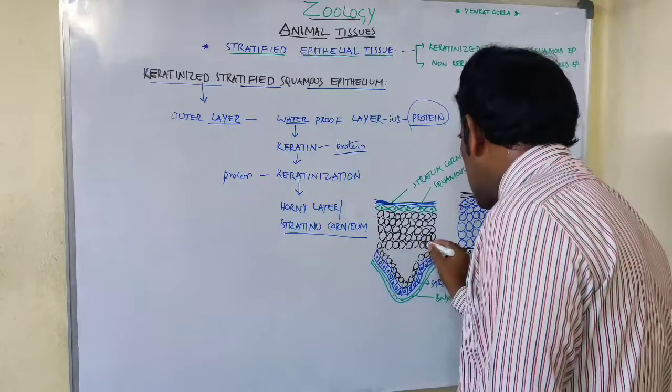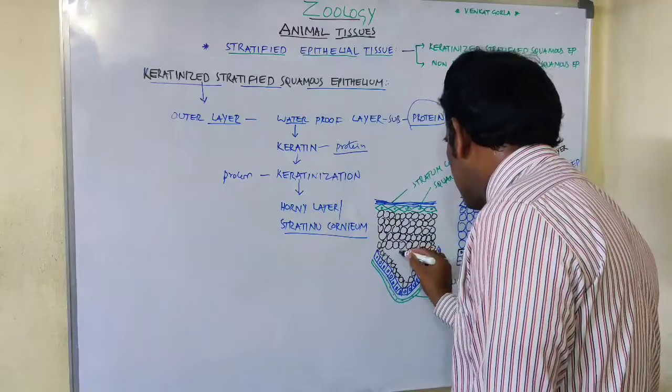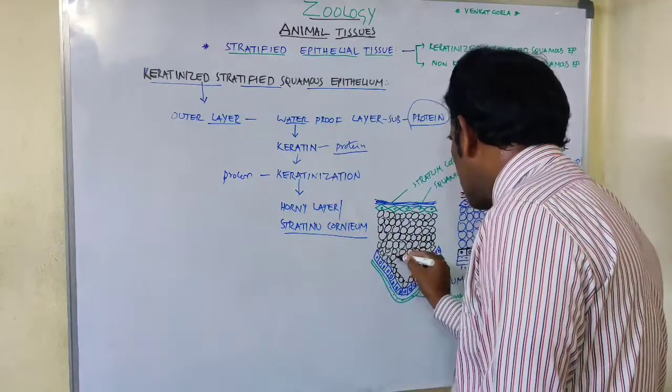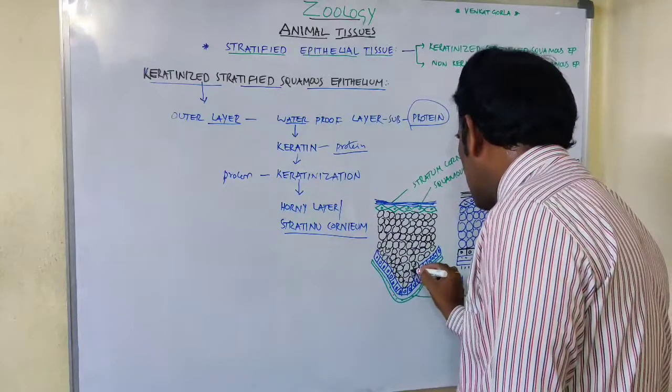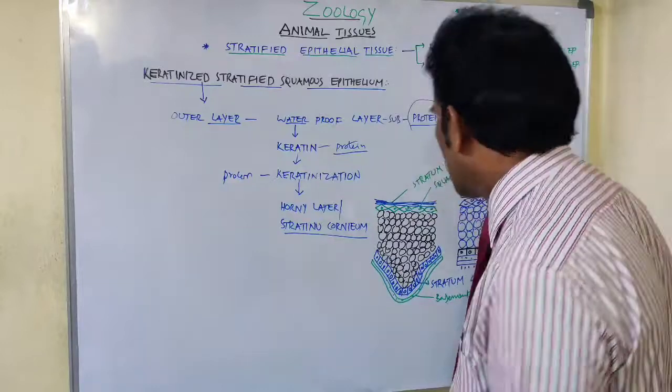This is commonly called the middle layer, polyhedral in shape, with living cells.